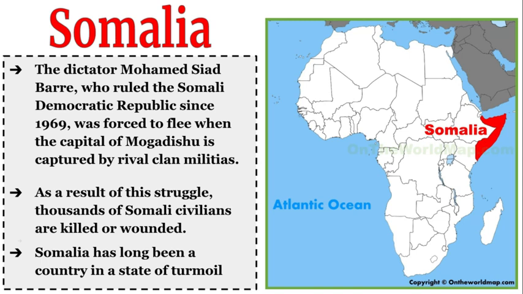When he flees, it leads to a civil war between rival clans or tribes that are both heavily armed with militias and weapons. This Somalian civil war will lead to thousands of Somalians killed and wounded, and basically we can define Somalia as a failed state, one that has anarchy today.